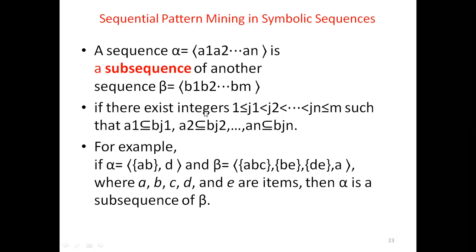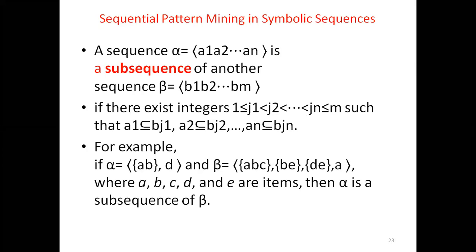if there exists integers j1 to jn such that 1 less than or equal to j1 less than or equal to j2 less than or equal to and so on up to jn less than or equal to m, such that A1 is a subset of Bj1, A2 is a subset of Bj2, and so on, An is a subset of Bjn.